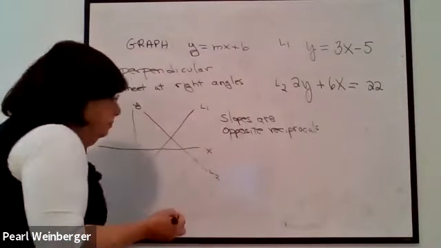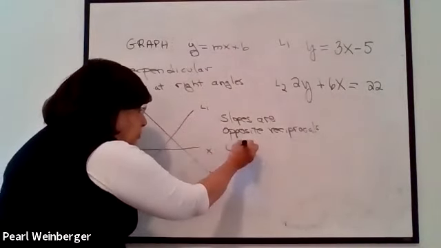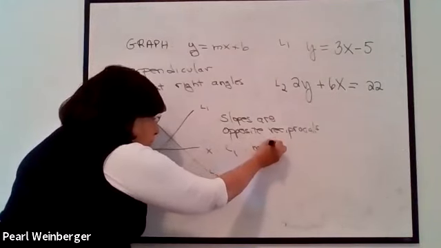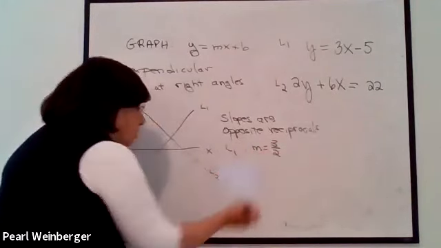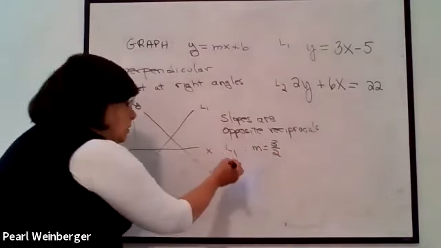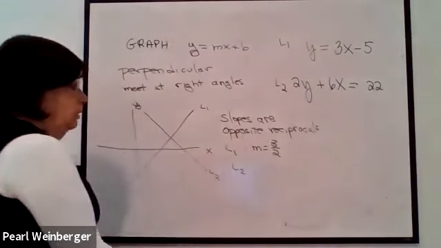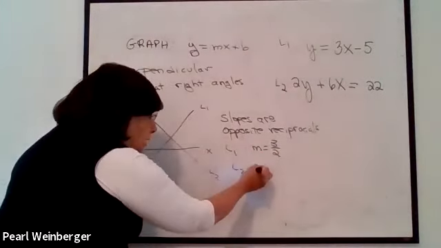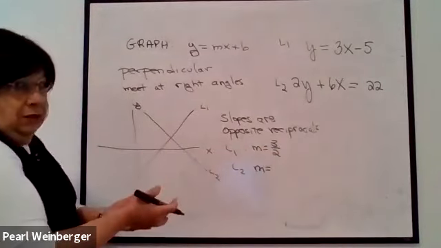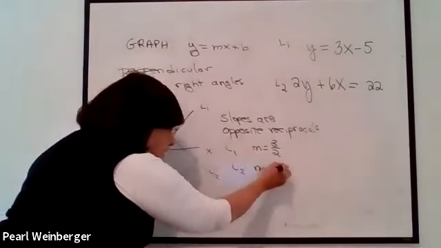What does it mean? Let's say line 1 has a slope of 3/2. Remember, the slope is a fraction. Then in order for line 2 to be perpendicular, its slope would have to be opposite, which means the opposite sign. This is positive, so we need something that's negative.